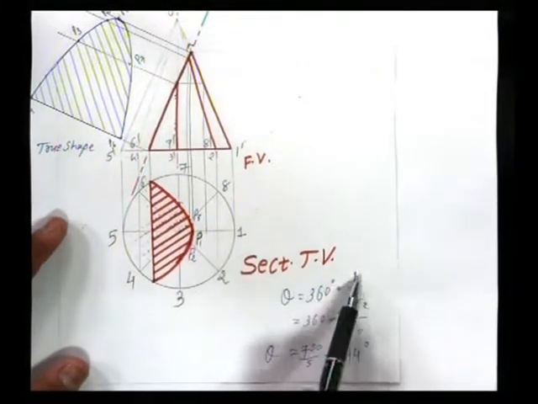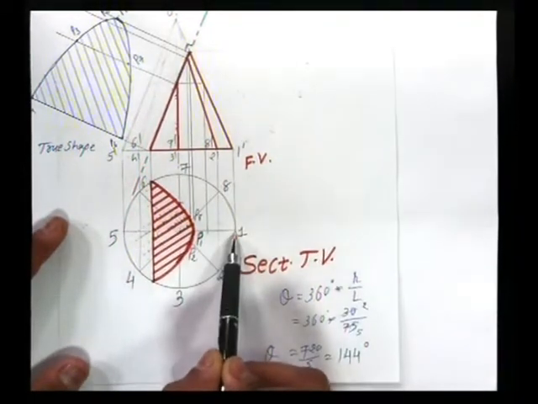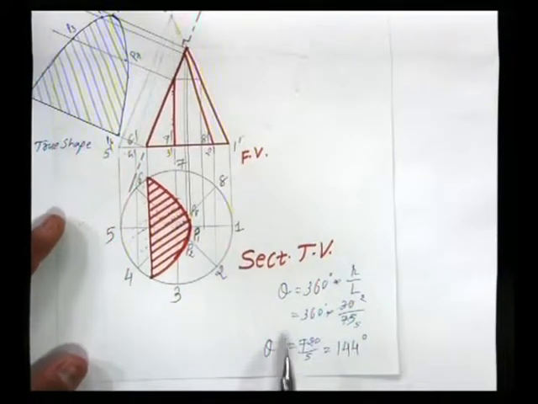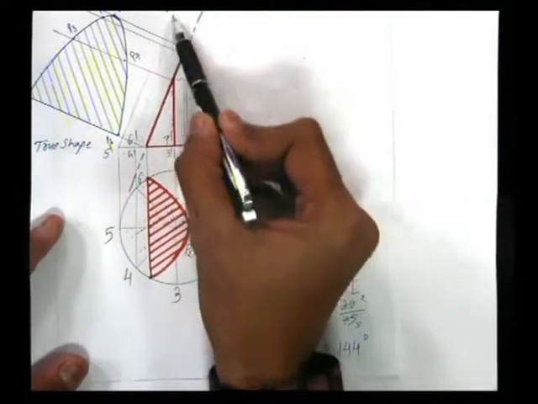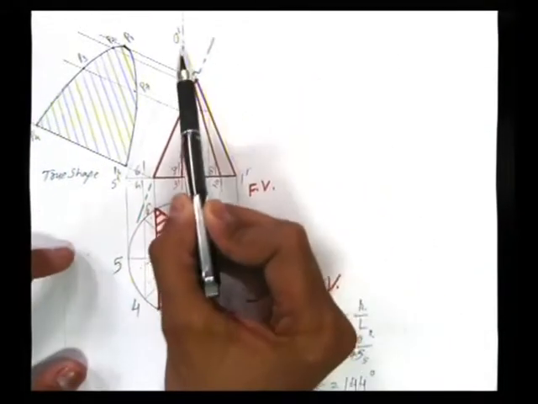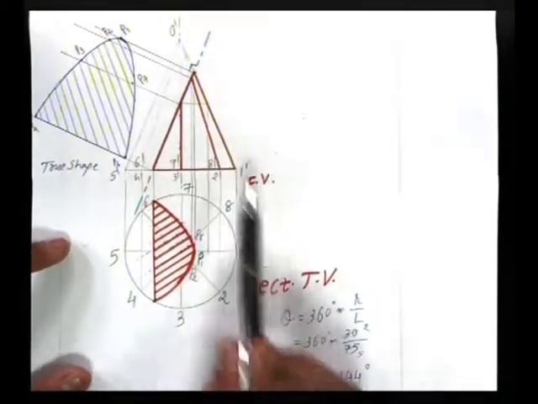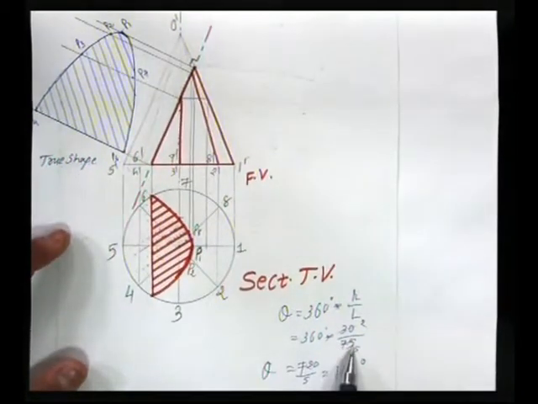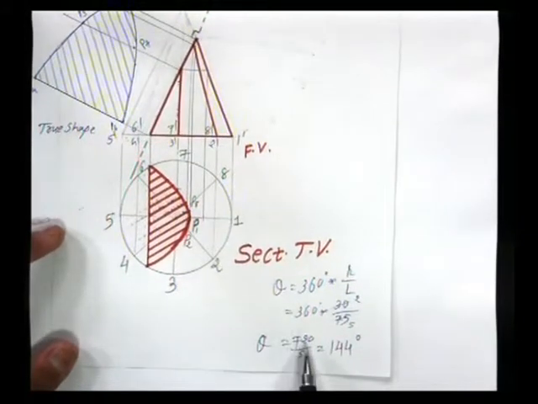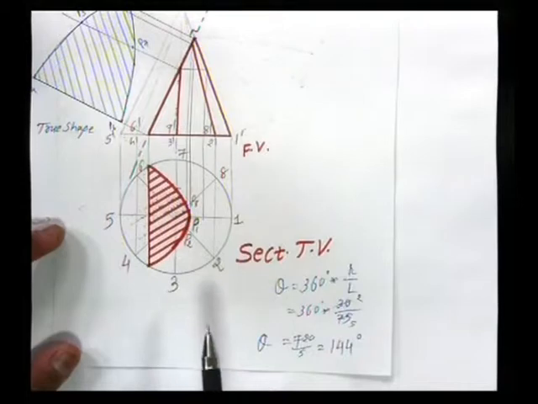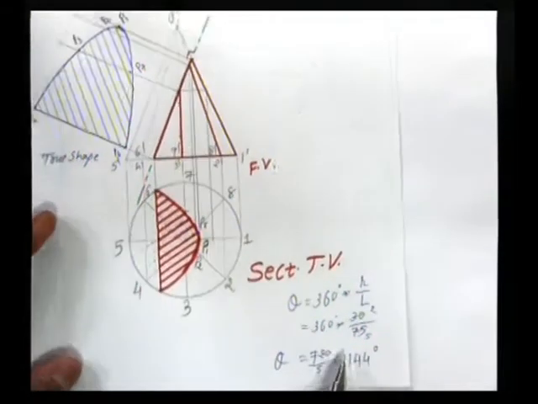Radius r means the radius of the cone or base circle. Here radius is 30 millimeter and L means length of its slant edge or true length, the distance between O dash to 5 dash or O dash to 1 dash. So measure that distance, it is 75 millimeter. So the angle comes out to be 720 upon 5, that is 144 degrees. So that is the first step, to find out the angle theta equal to 144 degrees.